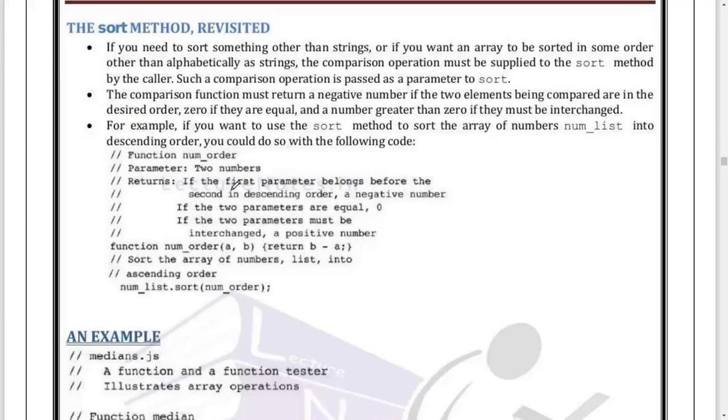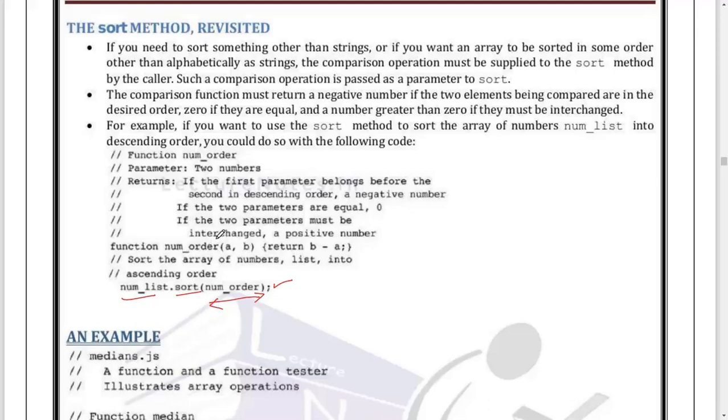Next, the sort method. Whenever you need to sort something other than strings, like numbers, numerical integer values, or floating point values, in that case I can use the method called sort. You can see we are just using the numbers list dot the method called sort, and this is the array where you will have the sorted numbers. Sorted numbers will be stored into this array called number order.